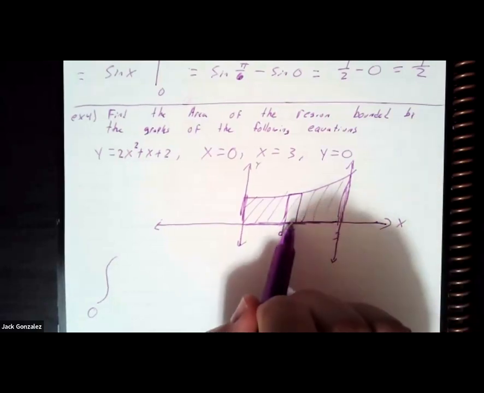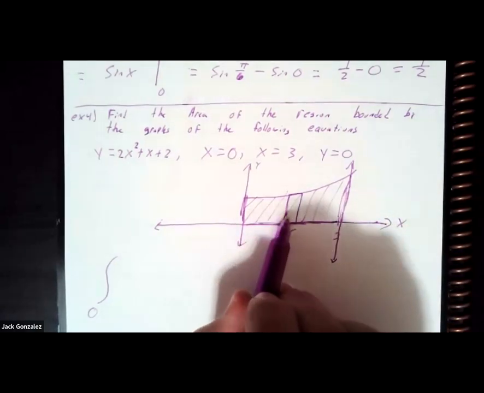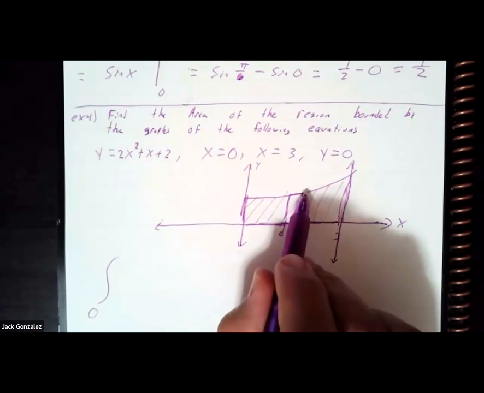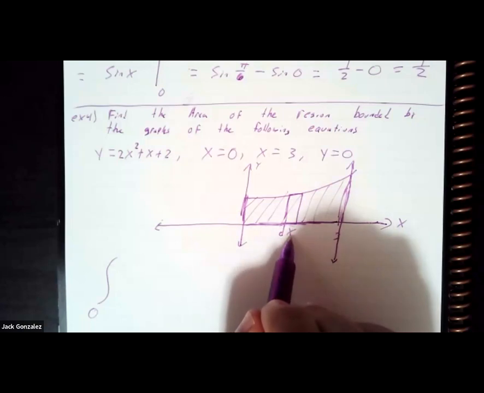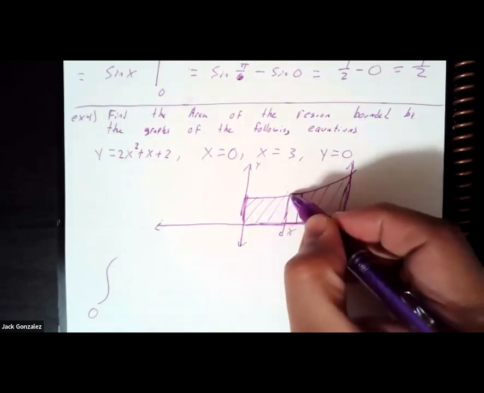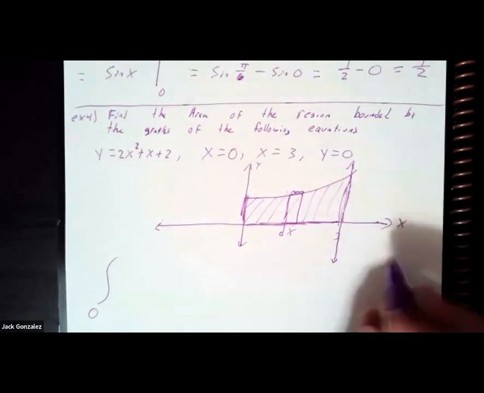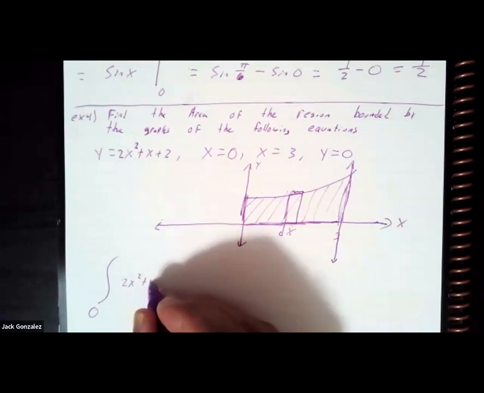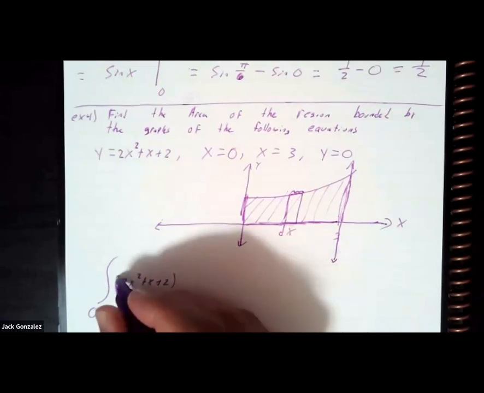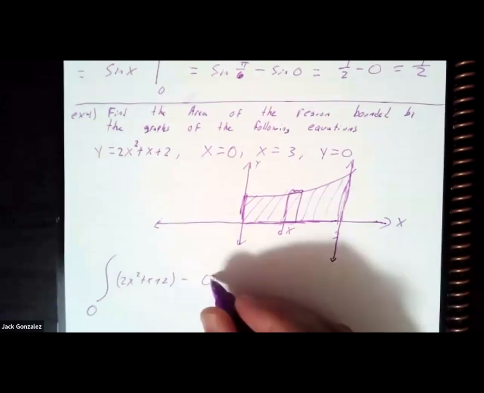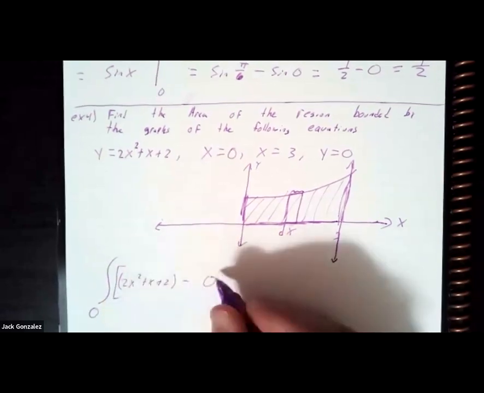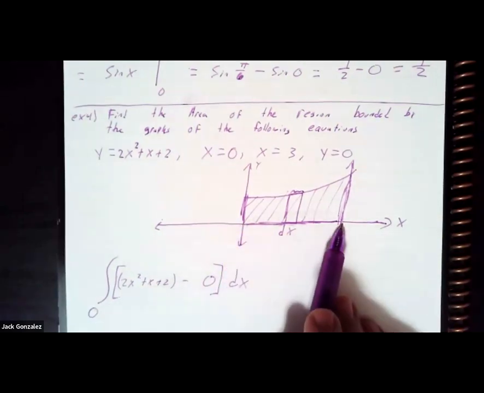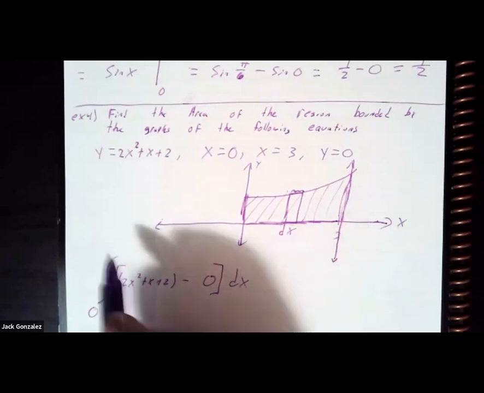I'm getting infinitely small rectangles in order to find the area. If you draw a little rectangle, the top line minus the bottom, that means you're doing dx because the rectangle thickness is on the x. So the top is this guy minus the bottom, which is just 0. And I'm going to go from 0 to 3. That's where the region ends, right?